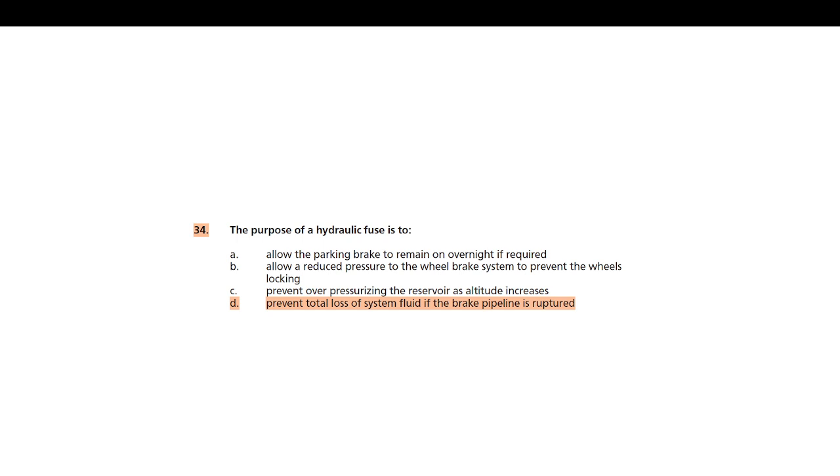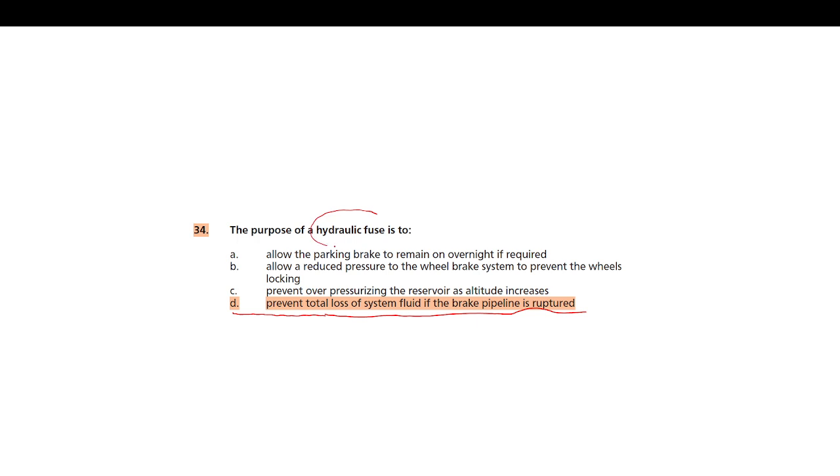What is the purpose of a hydraulic fuse? See, the purpose of a hydraulic fuse is to prevent total loss of system fluid if the pipeline is ruptured.